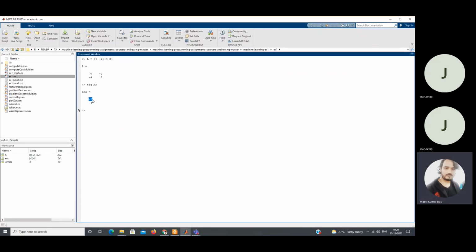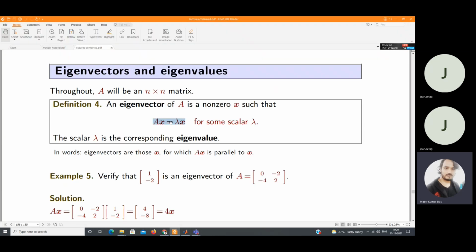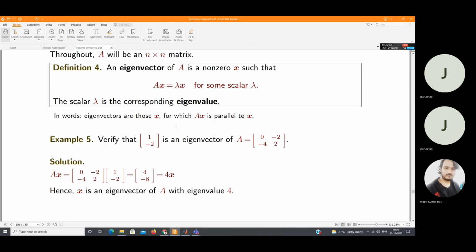You just calculate it by using this equation, Ax equal to lambda into x. You just put A here, and x will be like that. You got my point?